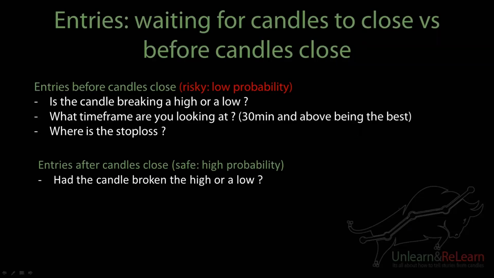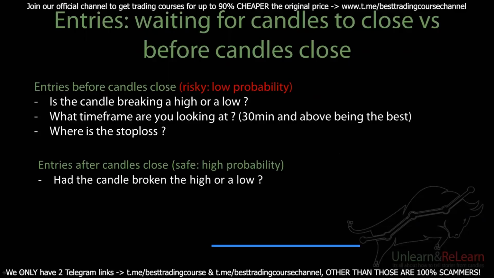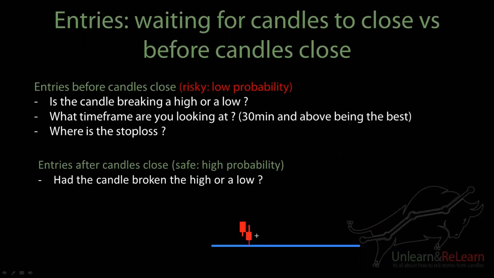Let's say you had a support over here and we had candles coming down, candles came down over here, and now you had another candle that came down and closed like this, with no wick at the bottom.